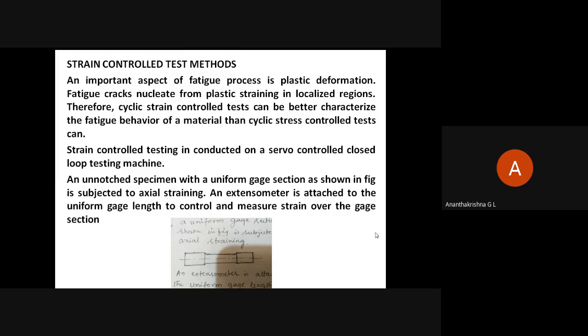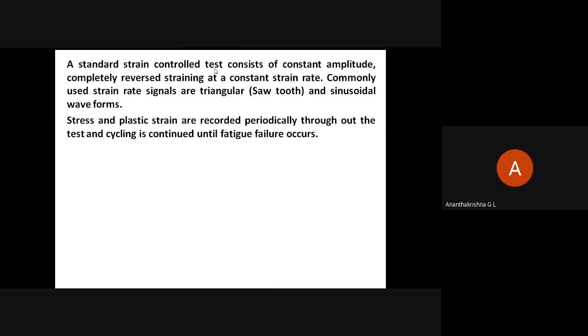The strain control test is conducted with constant amplitude, completely reversed straining, at a constant strain rate. Normally sinusoidal or sawtooth waveforms are used as signals. Stress and plastic strains are recorded periodically till the failure, which will give us the final fatigue failure readings. Could you understand how strain controlled testing is carried out?